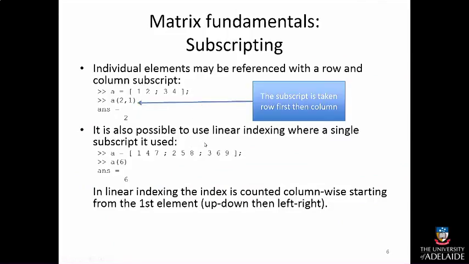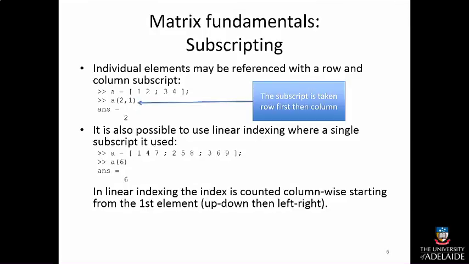It is also possible to use linear indexing where a single subscript is used. So over here we have 1, 4, 7, 2, 5, 8, and 3, 6, 9. How many rows are there in this matrix? 3, right?